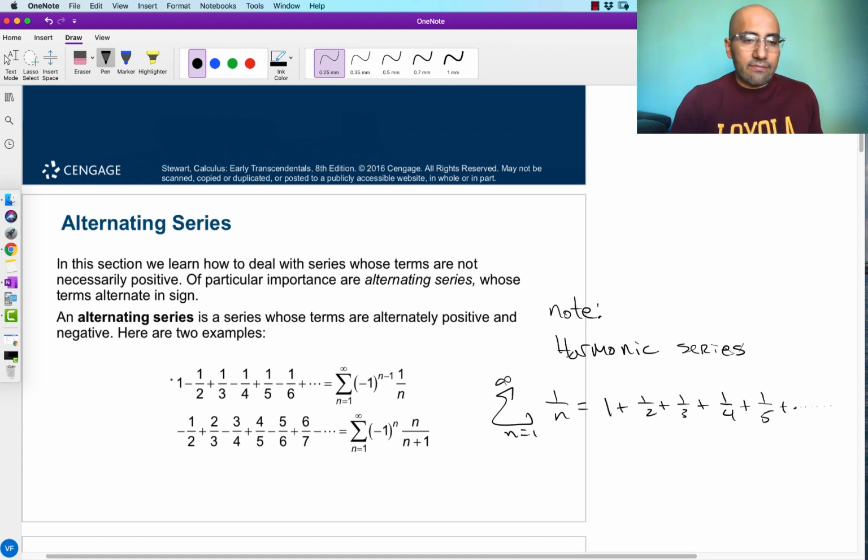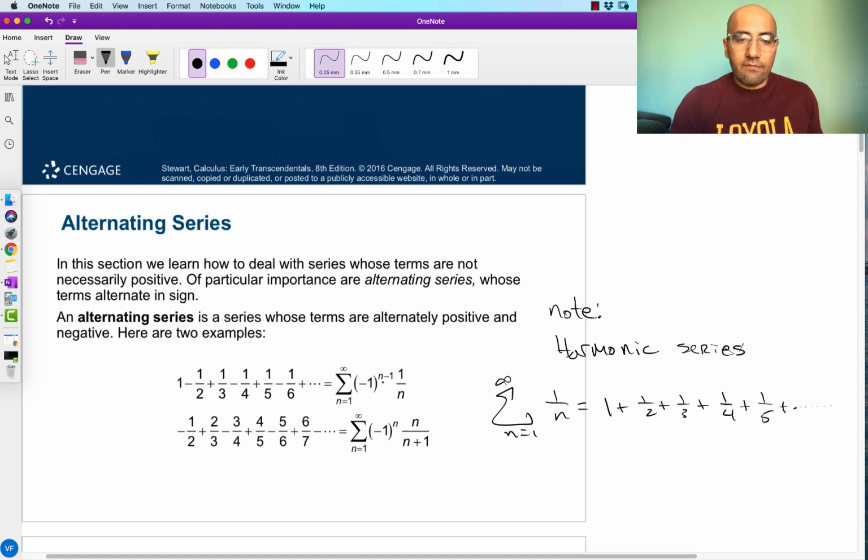Okay, but here we have almost a harmonic series. This is the alternating harmonic series. Here we have 1, then minus a half, plus a third, minus a fourth, and so on and so forth. This is how we write it down. It's going to be negative 1 to the power of n minus 1. This little exponent up here determines the alternating series, right?